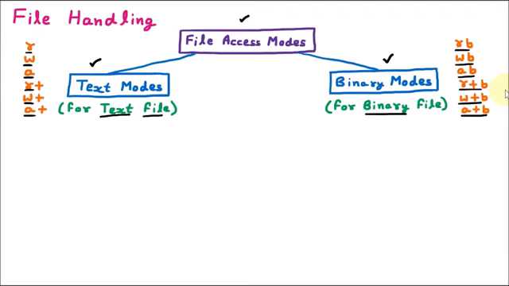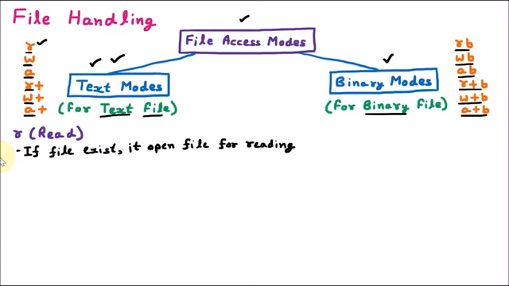So first of all, we are starting with the text file, and here the first mode we have is the R, that means read mode. If we talk about the read mode, that means R, it means we are opening the file for the reading purpose. So there are two possibilities. The first possibility is that if the file already exists, in that case it will open the file for reading.